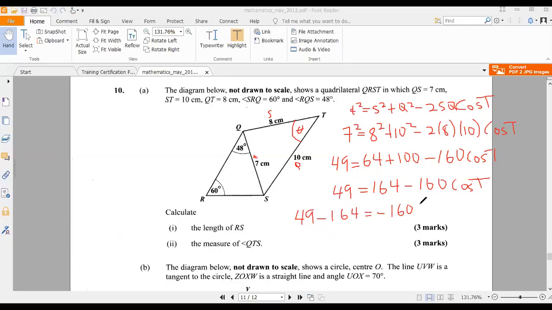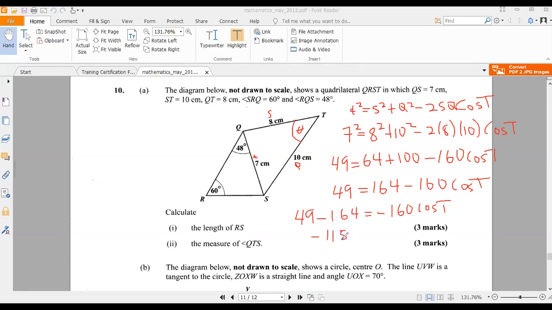Okay, so we get to cos T. Now 49 minus 164, what do we get? Anyone? Negative 115.